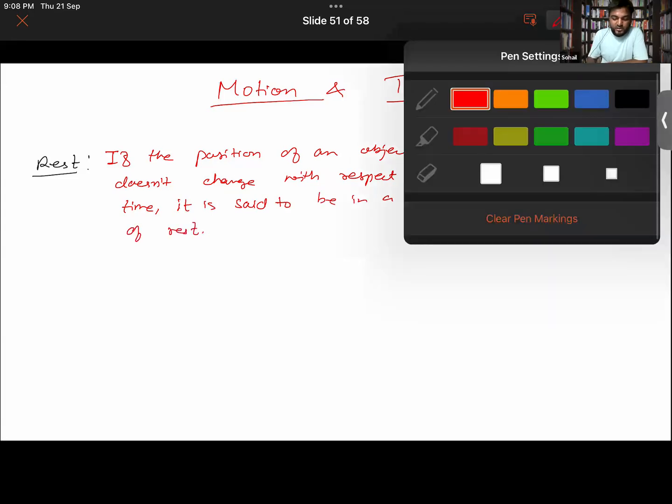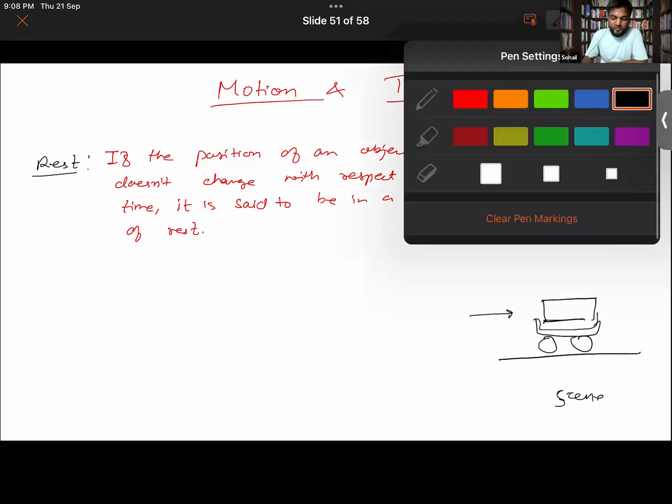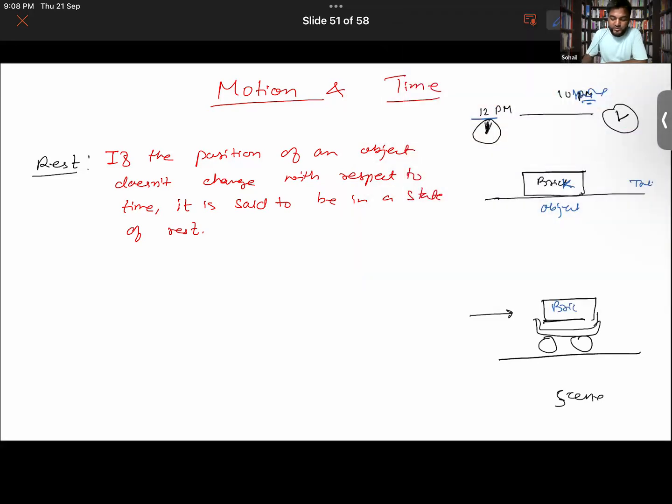Getting it now? Now suppose in the next scene, I have placed this brick on a toy cart, and I have slightly pushed it. Due to some force, this starts to move. Now the time here was 12 p.m. I pushed it, and after 1 minute, 12:01, the position has shifted to here.